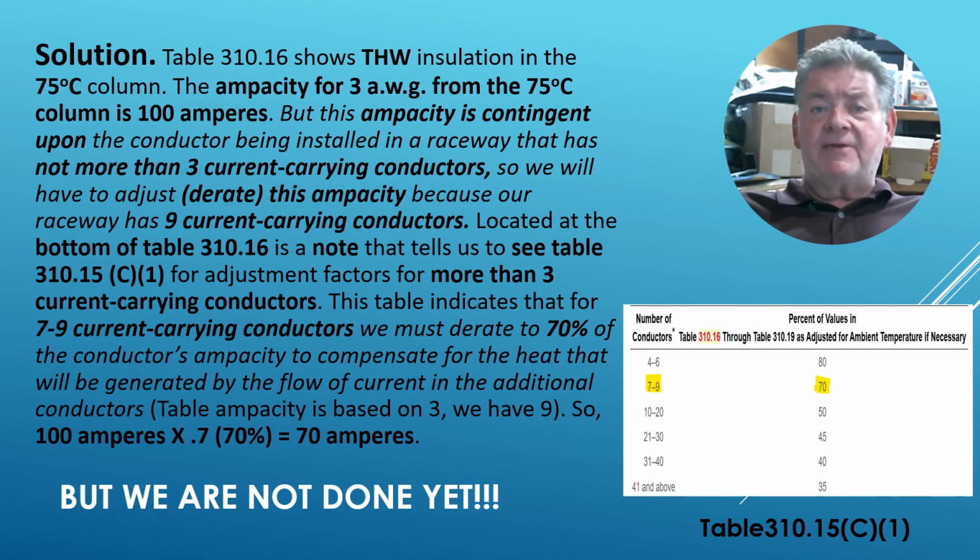That's a 30 ampere difference to compensate for the additional heat that will be generated in that pipe from the 9 current carrying conductors. Again, the table's based on not more than 3. We have 9. So we already had to derate current from 100 down to 70 amperes. But we are not done yet.